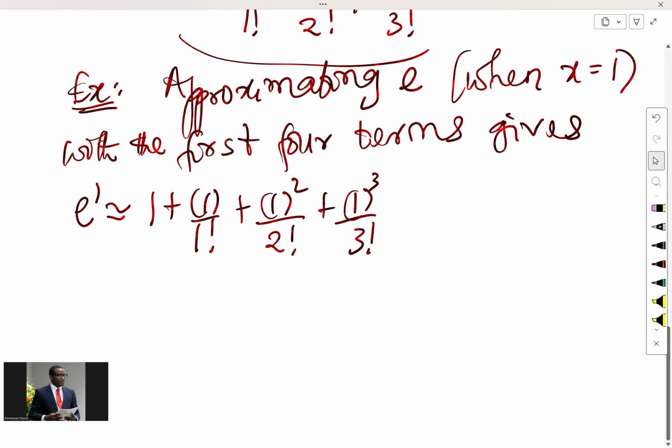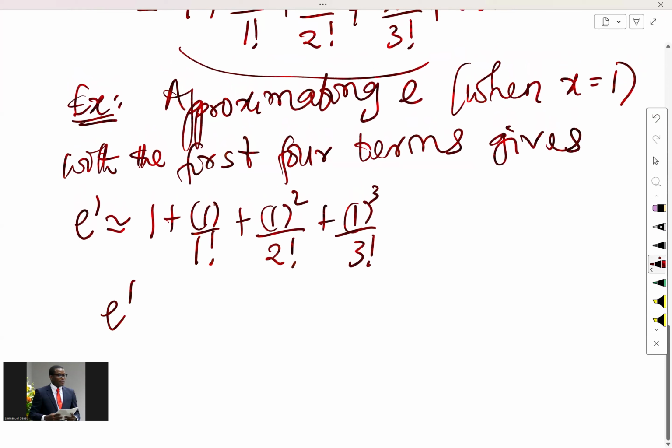So these are the terms we are taking. So e is approximately 1 plus 1 over 1 factorial, which is 1, plus 1 squared is 1 over 2 factorial, which is 2 times 1, which is 2, plus 1 cubed is 1 over 3 factorial, which is 3 times 2 times 1, which is 6.